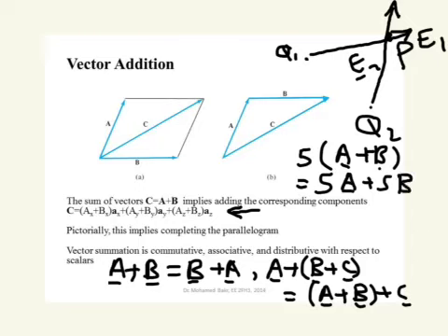We say that the operation is distributive relative to scalars. This terminology, commutative, associative, and distributive, comes from vector algebra, from linear algebra. Linear algebra is a big branch of mathematics, and it discusses all these properties for different types of quantities.